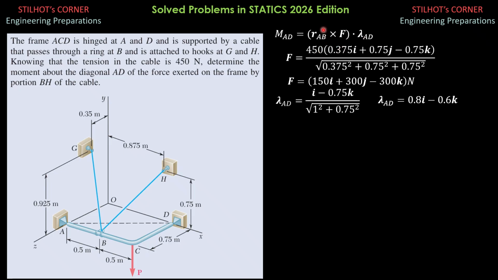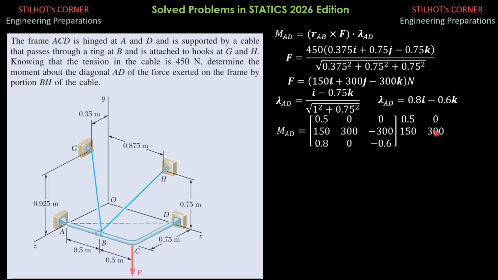We just simply arrange the components of AB first in the first row of the 3 by 3 matrix, then components of F, then components of AD, then we copy the elements of the first two columns. So MAD is 0.5, 0, 0, then 150, 300, negative 300, then 0.8, 0, negative 0.6.